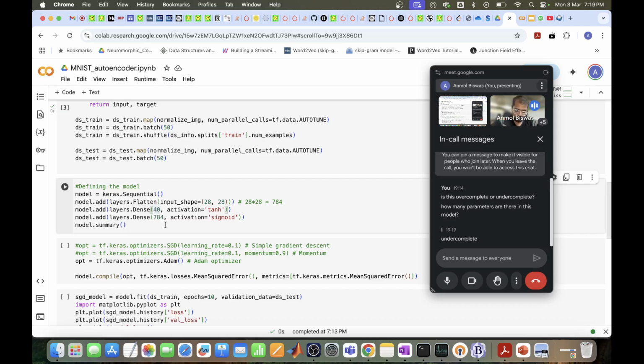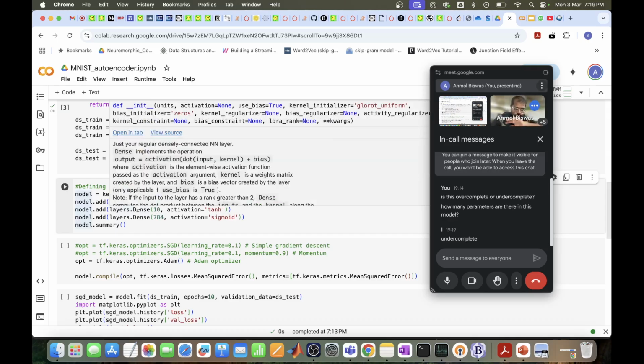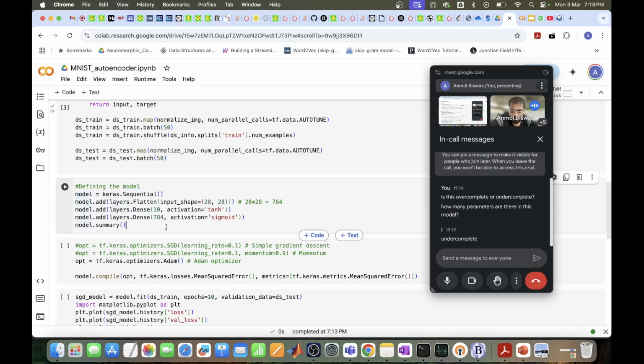In fact, let's reduce this even further. Let's do 10 neurons and see what happens. So our hidden layer right now has only 10 neurons, and you're trying to get 784 output pixels out of it.